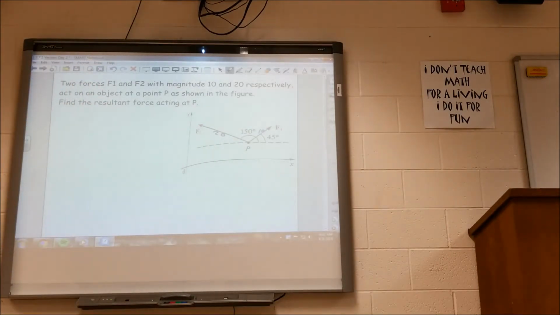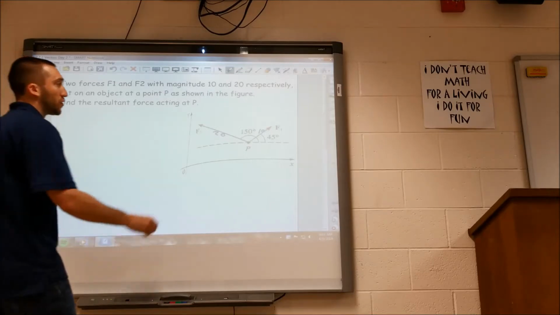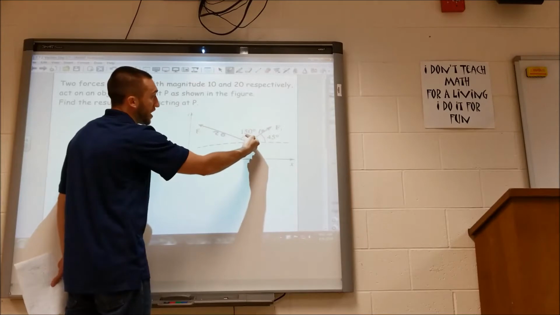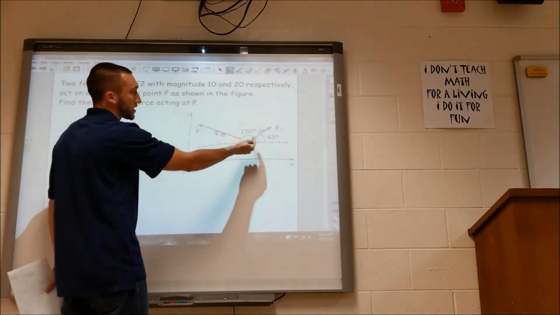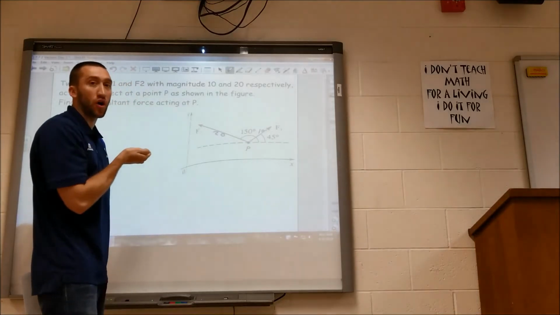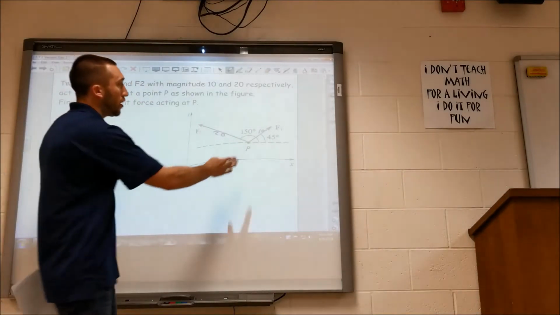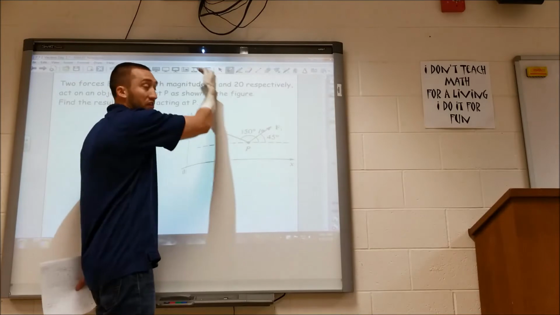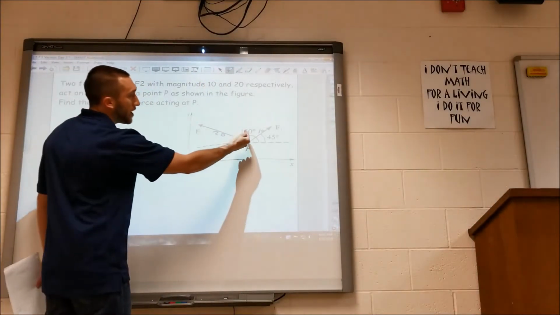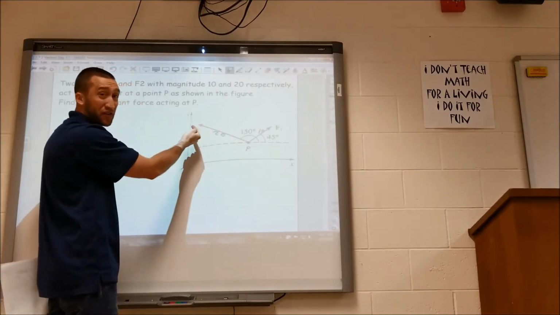Find the resultant force acting at P. So basically I have one force pulling in this direction at 45 degrees. I have the other force pulling in this direction at 150 degrees, with obviously F2 being a stronger force. I want to know where I'm going to end up being. Like, where is this actually going to pull me? And just intuitively I can think, okay, it's definitely going to go more towards F2, right?